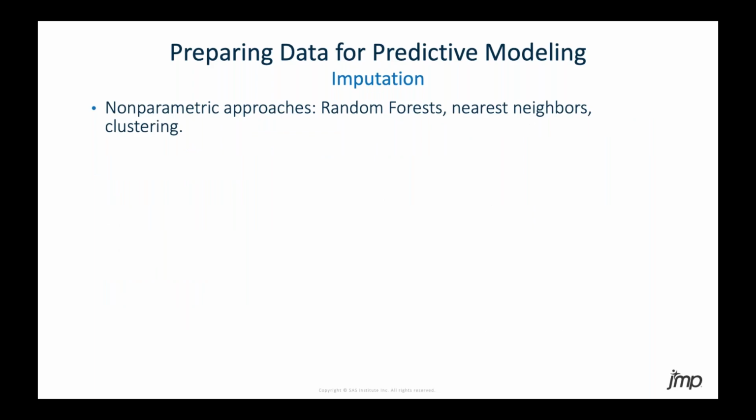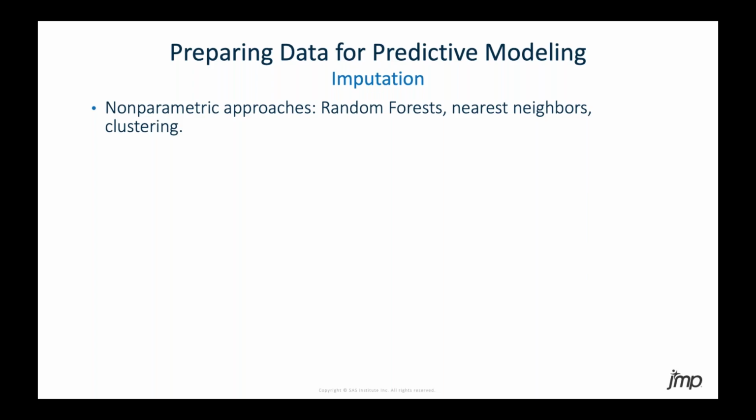The idea there is, if I want to predict a row with missing values, I find the row in the data table it's closest to, and that definition of closest is what something like nearest neighbor or clustering is going to work on.